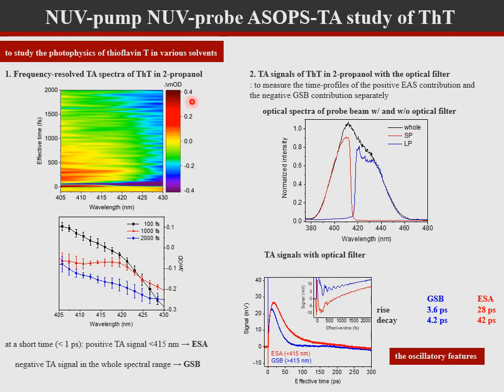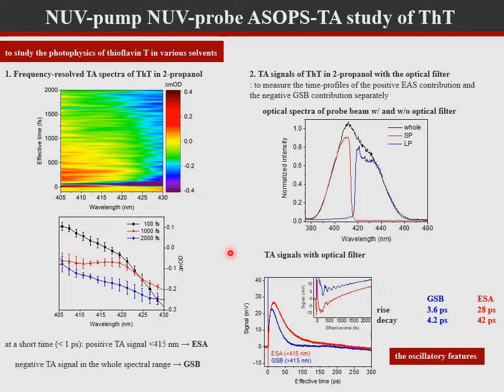The frequency-resolved TA spectra of ThT in 2-propanol are shown here. Three representative TA spectra at delay times of 100, 1000, and 2000 femtoseconds are also plotted here.